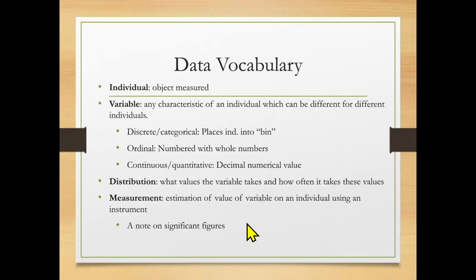Because that is a representation of the precision of the instrument that took the measurements. And if we report a number with more decimal places, then we're misrepresenting the way the measurements were made in the first place. So it'll take a little bit of practice to remember to do that.